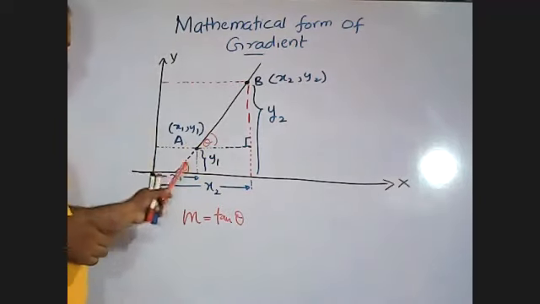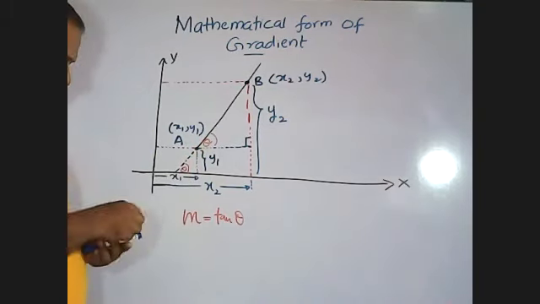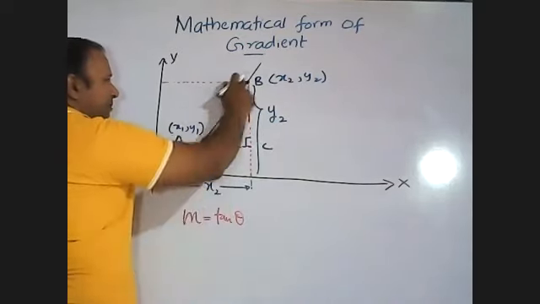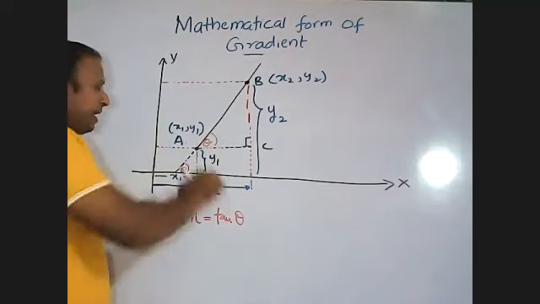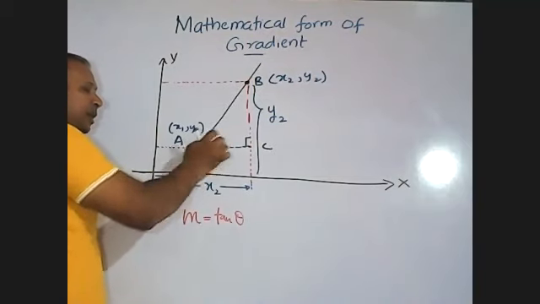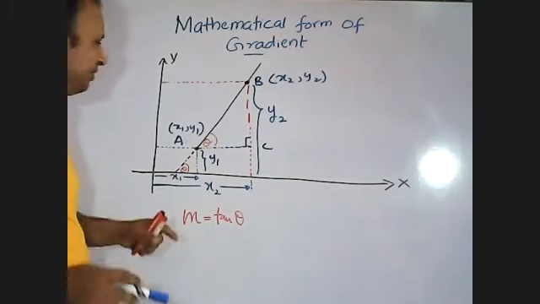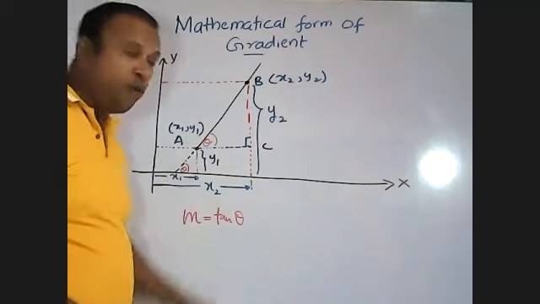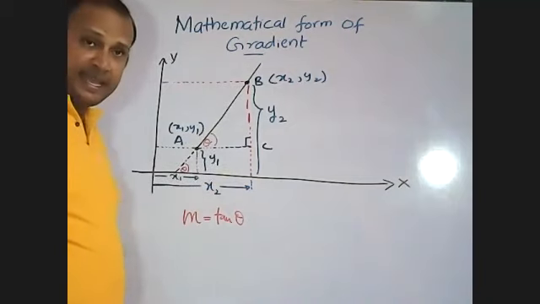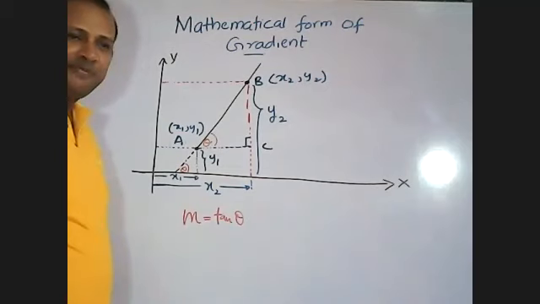Then you can clearly see if this is C, ABC is a right angle triangle, and we can locate theta inside that right angle triangle. Therefore, if I know the length of BC and the length of AC, then I can find the value of tan theta.